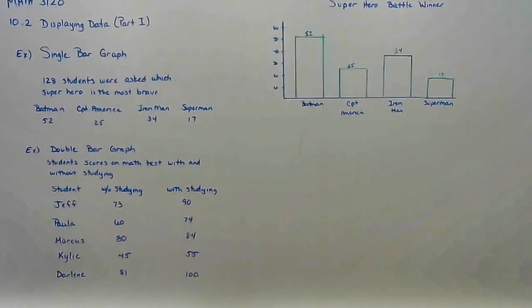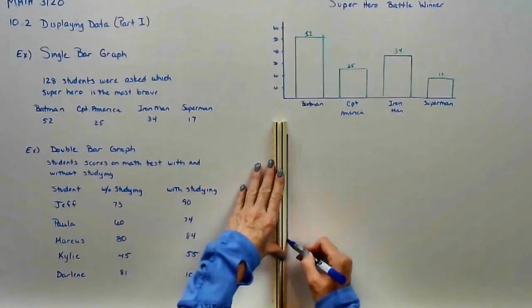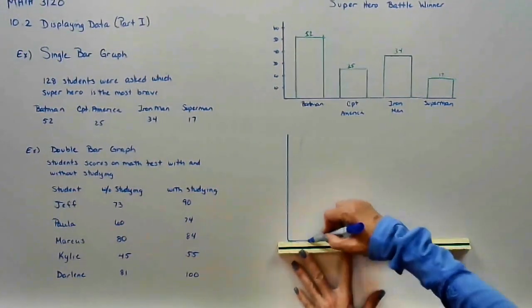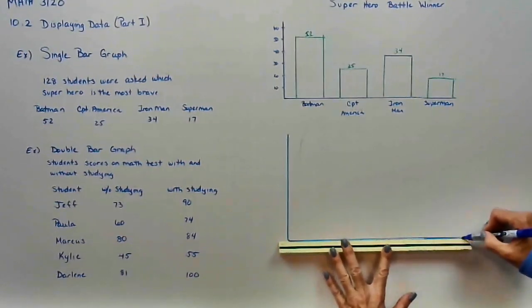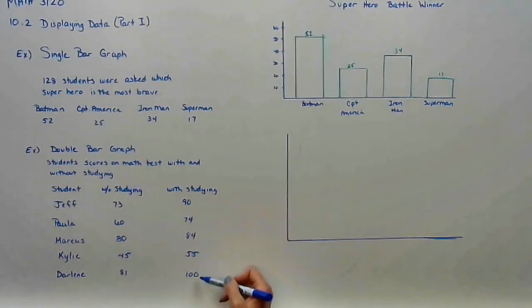So I'm going to sketch this just to make it go a little quicker instead of actually measuring everything out. If I were doing this with an elementary school class, I might have the axes drawn on paper for them already so that they just have to practice labeling. And since these are percentages and the highest is 100, I'm just going to estimate.